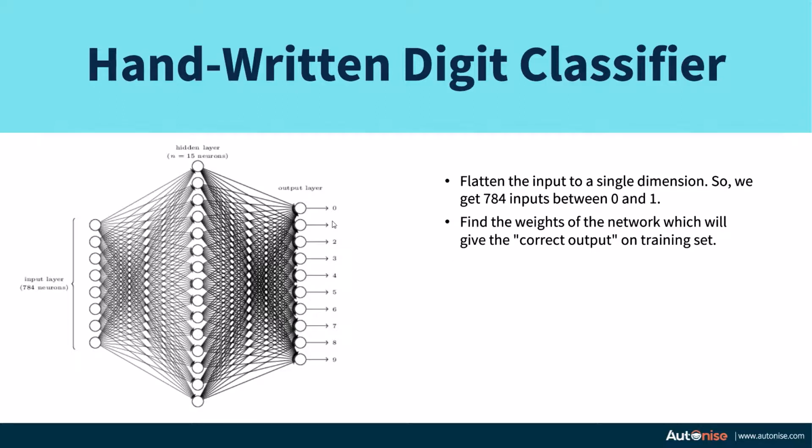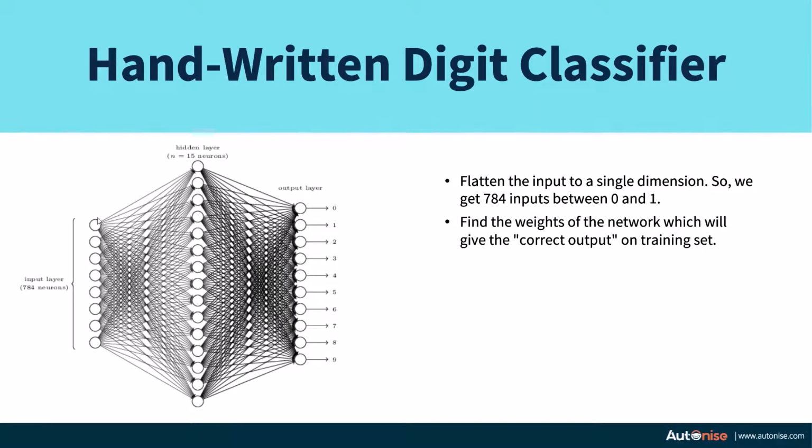So if we create a network which takes in 784 values and gives 10 outputs, then let's say the image is 0, we want the output neuron 0 to have a value of 1, and all other neurons should have an output of 0. If we give it an image of 1, of let's say 28 cross 28, where 1 is drawn, then the output layer should have 0, 1, 0, 0, 0, 0, and so on.